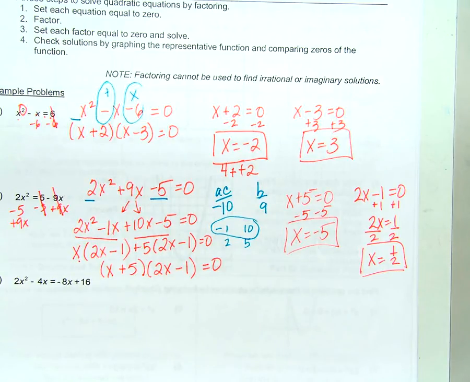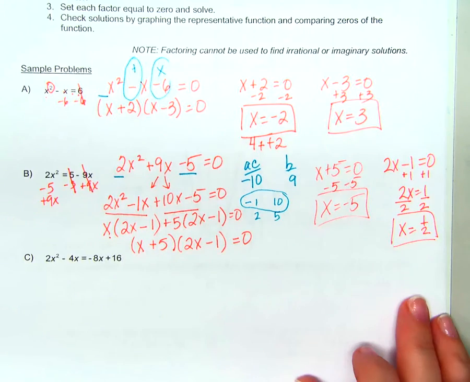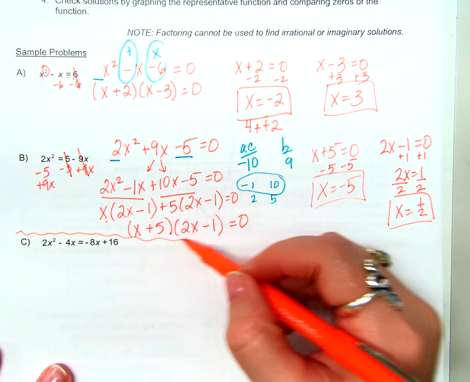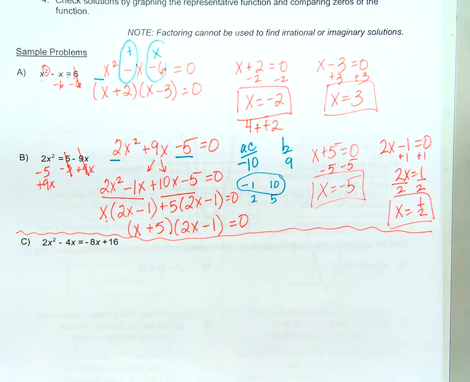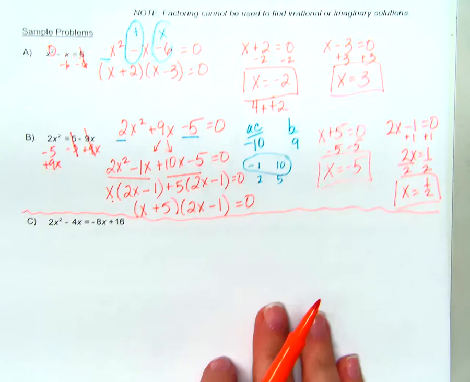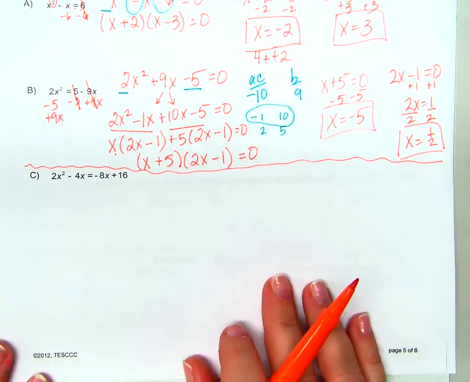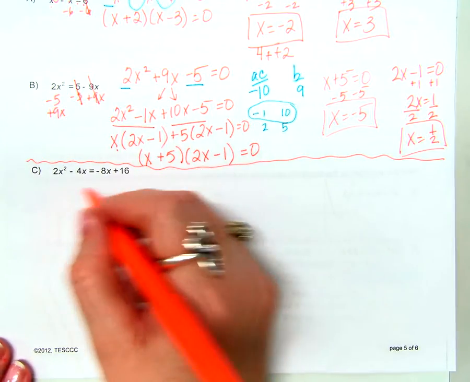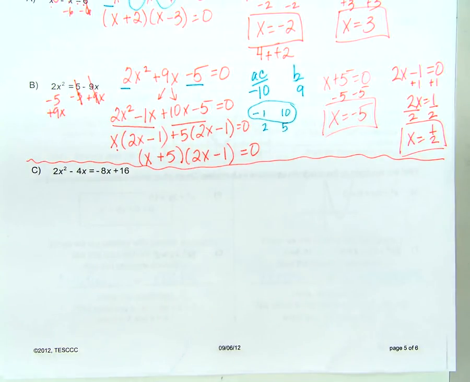Oh my gosh. Okay, last one. You ready for C? Yikes, yikes. Ready for C? What do we do first? Set it equal to 0. How am I going to get this equal to 0?